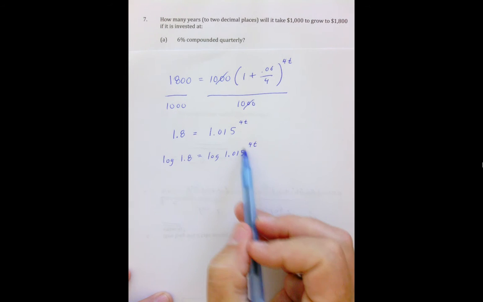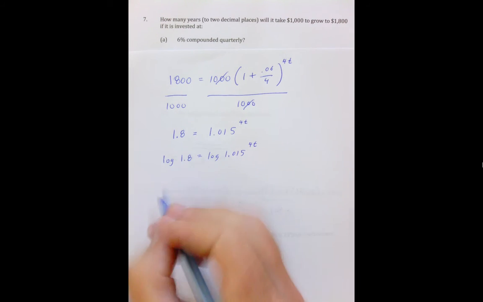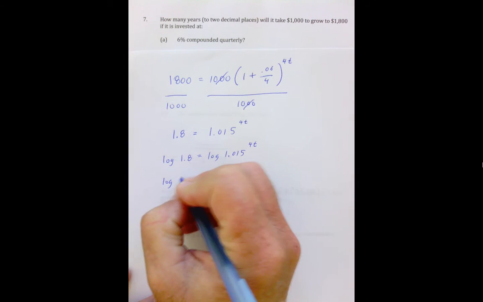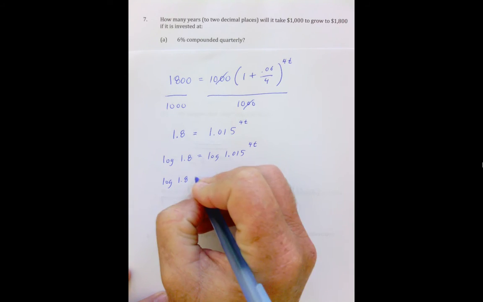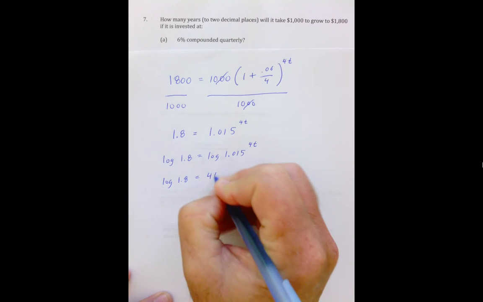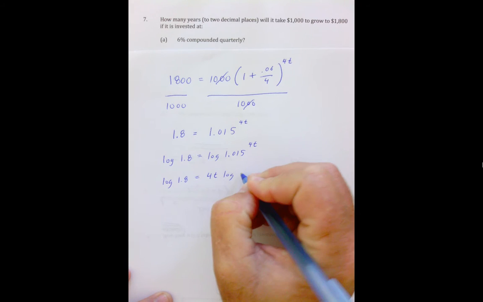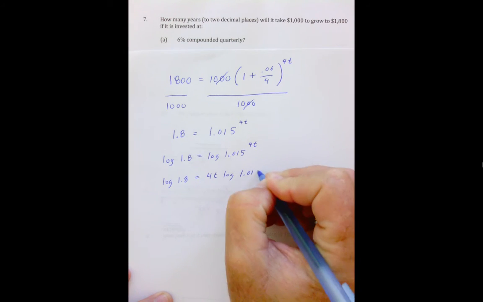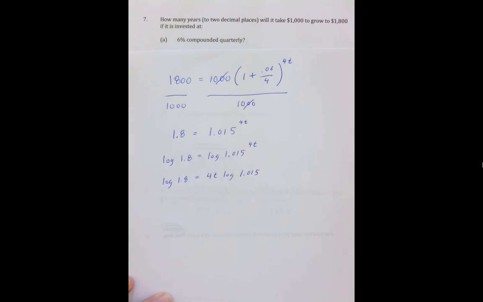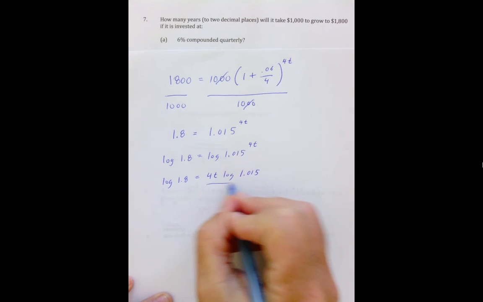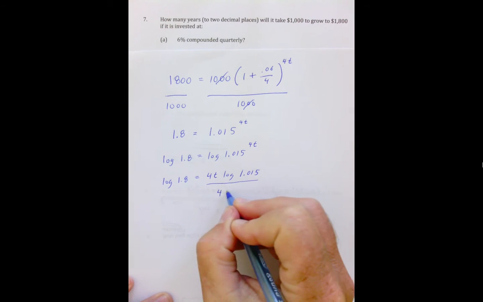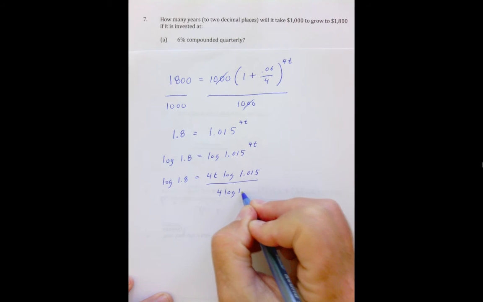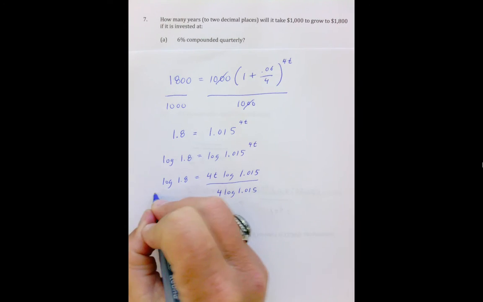What do we do next? Bring that exponent out front. Divide both sides by 4 log 1.015.